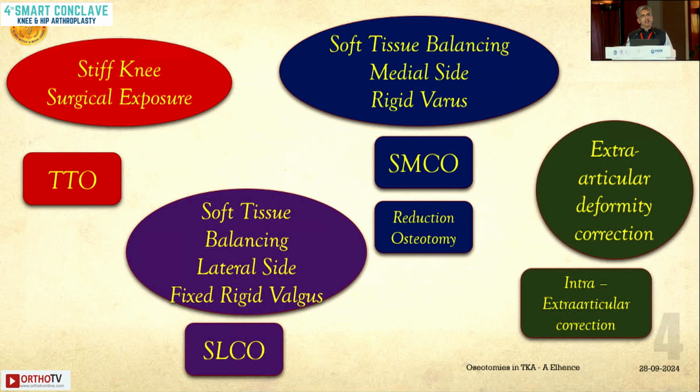The soft tissue balancing for the rigid valguses need a sliding lateral condylar osteotomy, and the extra-articular deformities require osteotomies, whether it is for distant deformities in the femur or the tibia for an extra-articular correction, or doing a primary intra-articular correction for deformities closer to the joint.